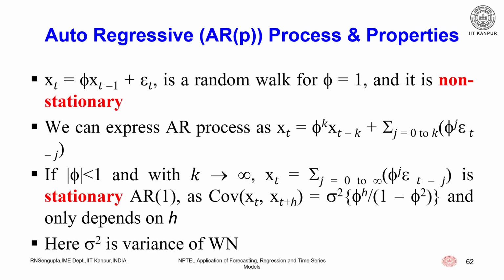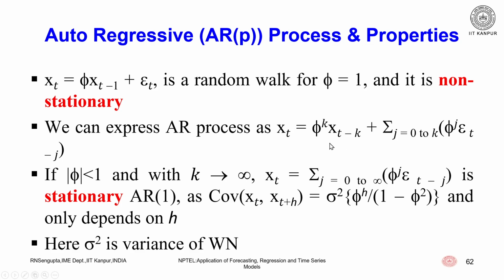So, x t is equal to phi x t minus 1 with an error term is a random walk under the stochastic process, and for phi equal to 1, the process is non-stationary, and the non-stationary concept of expected value and variance we have already discussed. We can express the AR process as this also, depending on how we are taking the phi terms.